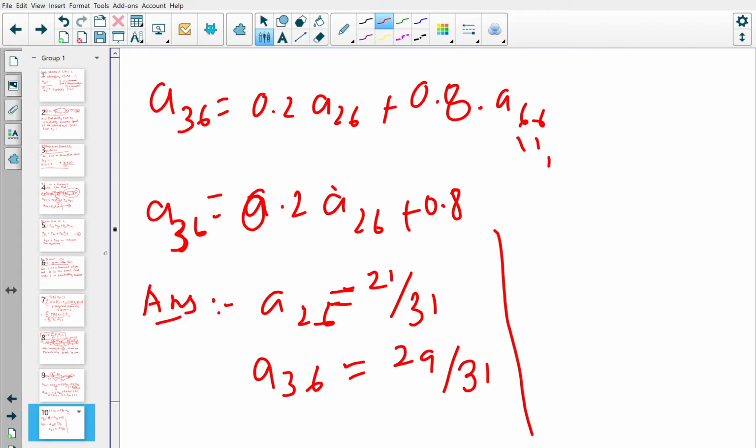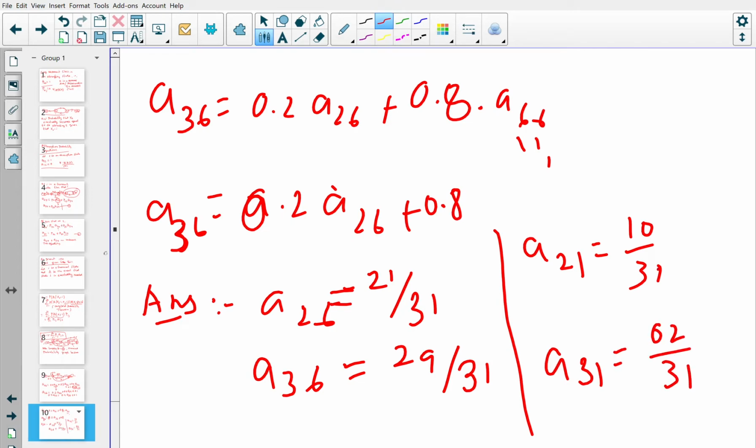You can either go to 6 or 1, and those two are complementary. So you can obviously find out A21 is nothing but the complement of this, which is 10 over 31, and A31 is equal to 31. Clear?